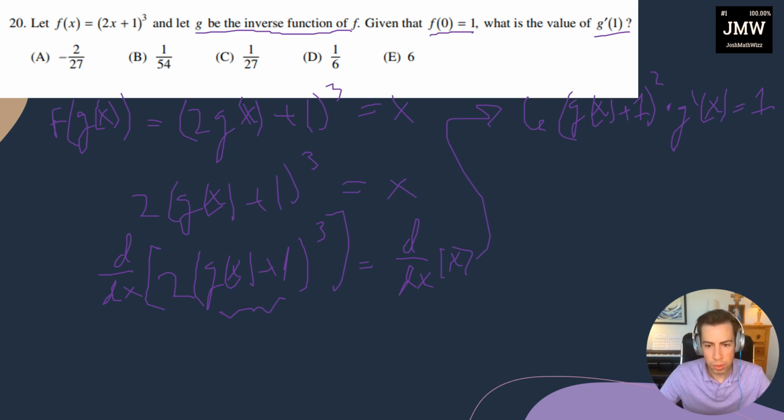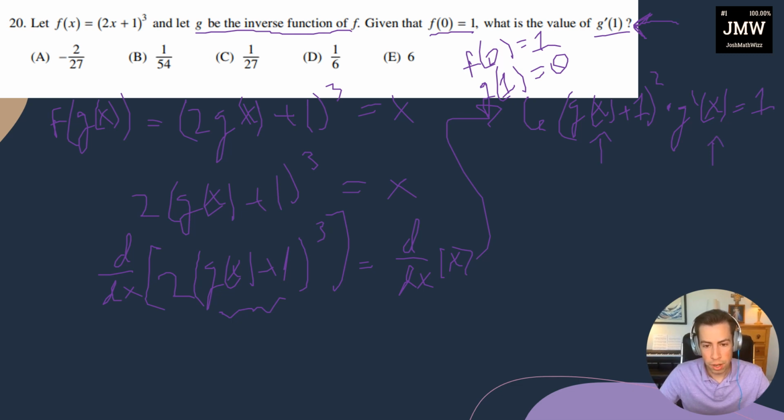All right, so whenever I do this, we need to figure out what g of x is, right? Now I know that f of 0 equals 1, but if g is an inverse function, then it logically follows that g of 1 is equal to 0. So if I'm wondering what g prime of 1 is, all I have to do is plug in 1 for both of these values.